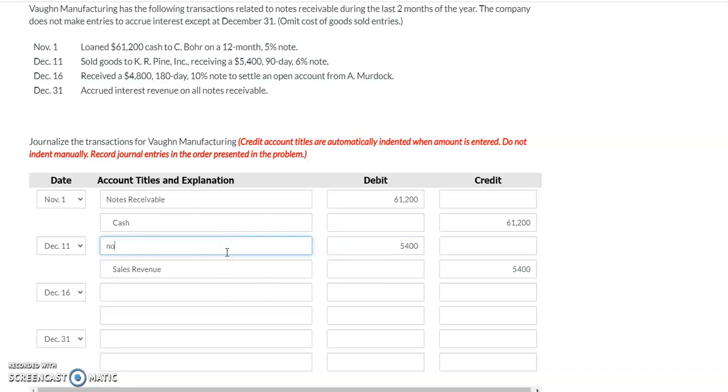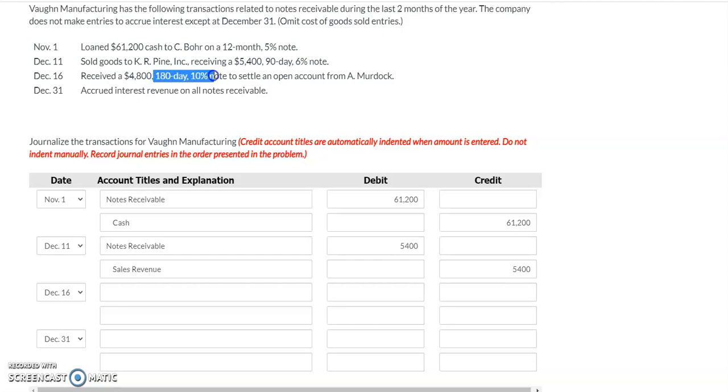So in this case, instead of their customer paying cash or having an accounts receivable balance, they're going to pay them later within 90 days, and the company will be receiving interest because they're allowing their customer a longer time period to pay.